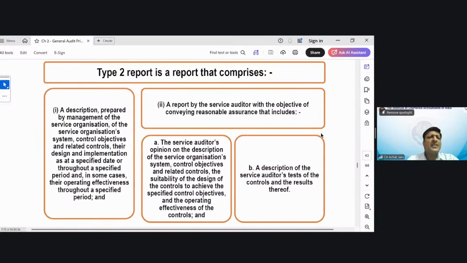Now, let's talk about this type 2. And we'll also then try to understand what's the difference between these two. And what is something you'll generally see being asked by the user auditor.